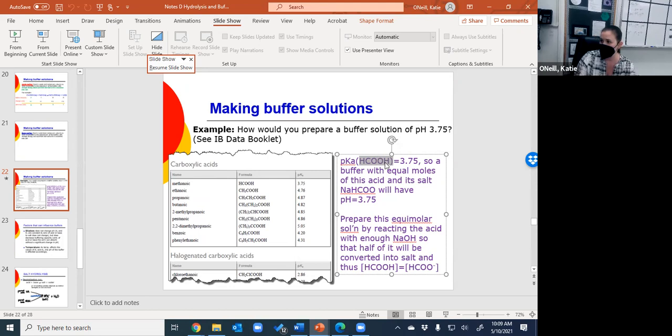So we want to react the methanoic acid with twice the volume of sodium hydroxide. And sodium hydroxide is just an easy go-to, well-known strong base. Make sure you pick one of the 4 that IB specifically says is strong. So you want twice as much sodium hydroxide as methanoic acid.